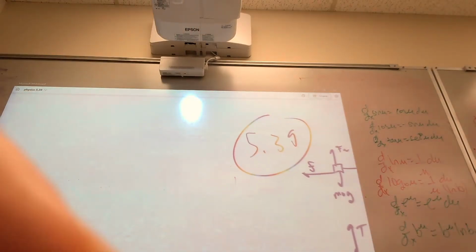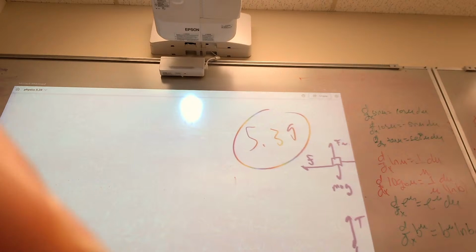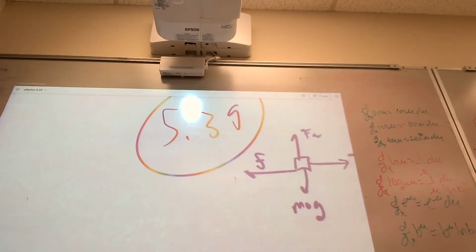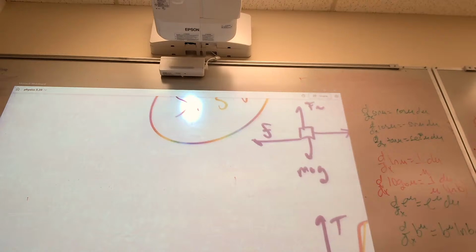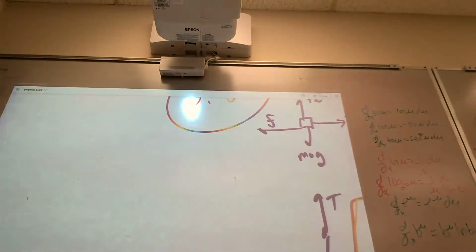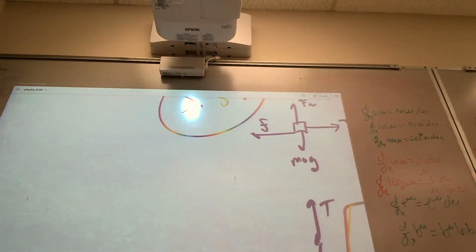Then you have your hanging block, which only has the tension and the weight. So we have the block on the table, and then we have the hanging block. These are standard things, and you're going to be doing this in the lab.